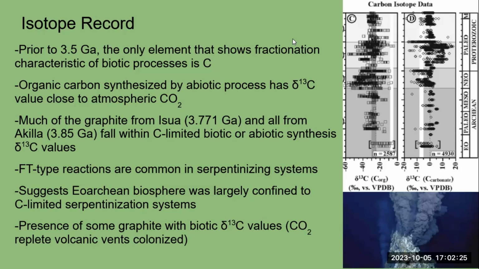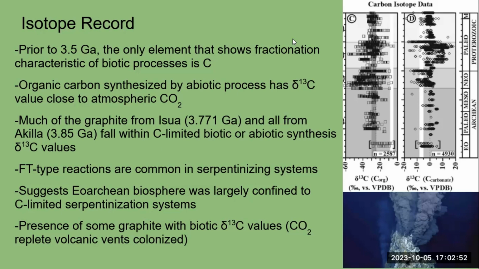Diagenesis has turned the organic carbon from the Eoarchean into graphite, and the graphite from Aquileia has an isotopic composition that's characteristic of abiotic and biotic carbon-limited processes. This is also true of most of the graphite found in Isua. Fischer-Tropsch type abiotic organic carbon synthesis reactions are common in serpentinizing systems, which are also carbon-limited.